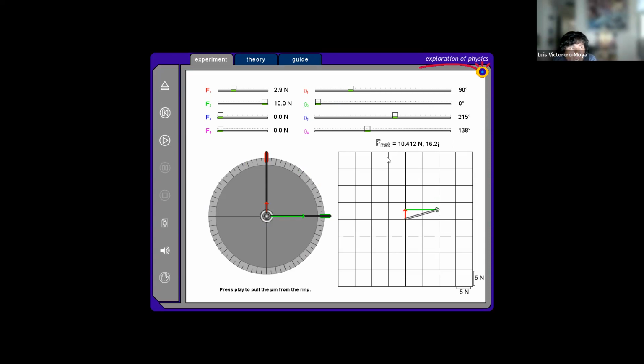So when the instructions ask you for the equilibrium force, the force that will bring this object to equilibrium, if I play the simulation, the mass will move like that. Now, this one is the resultant of these 2 forces.